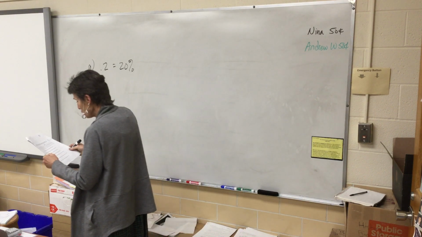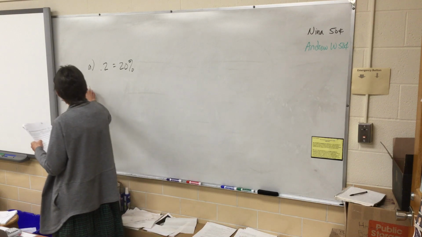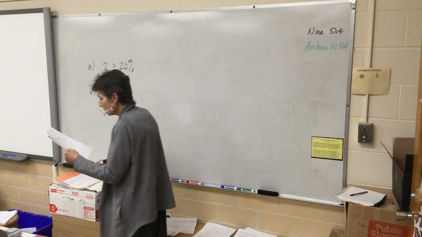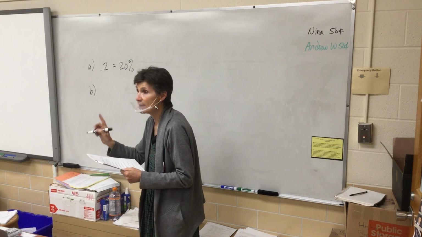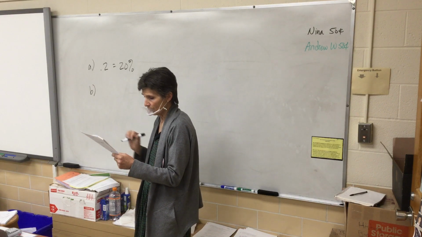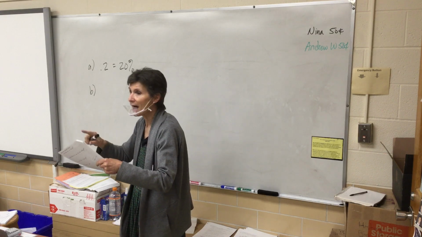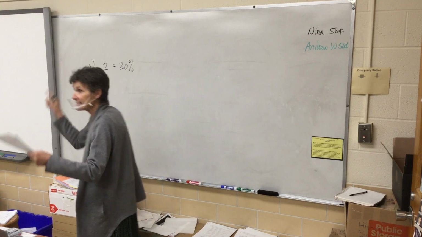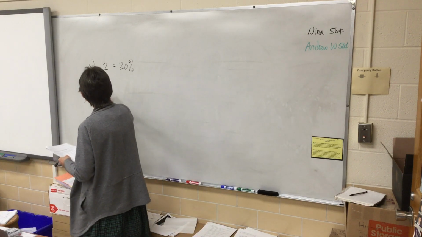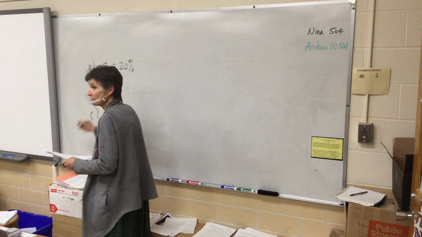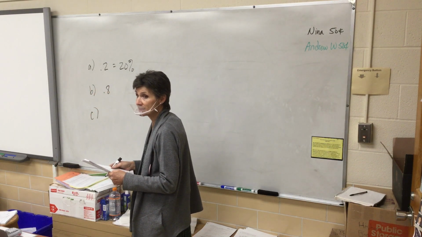If a candy is chosen from Maggie's bag, what is the probability that it will not be yellow? 80%. Because what does not yellow mean? Anything else? And all the rest of them make 80% or 0.8? That makes sense to everybody?